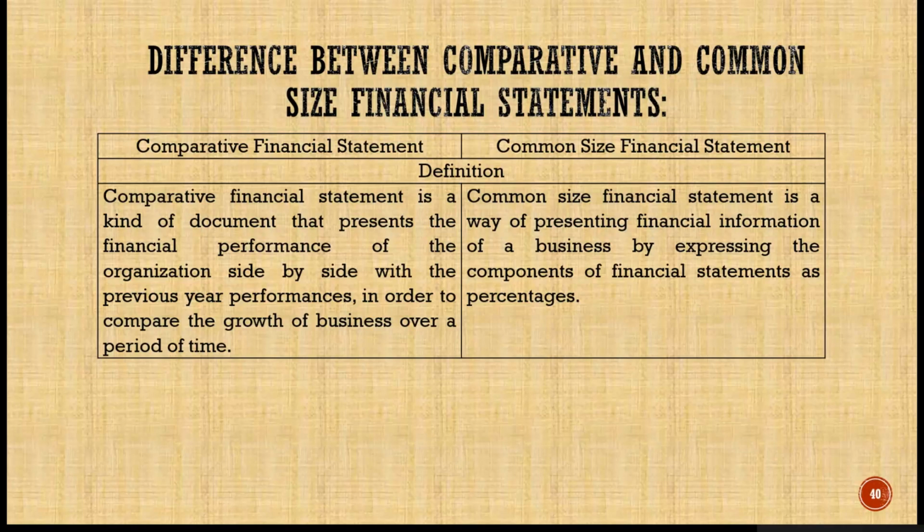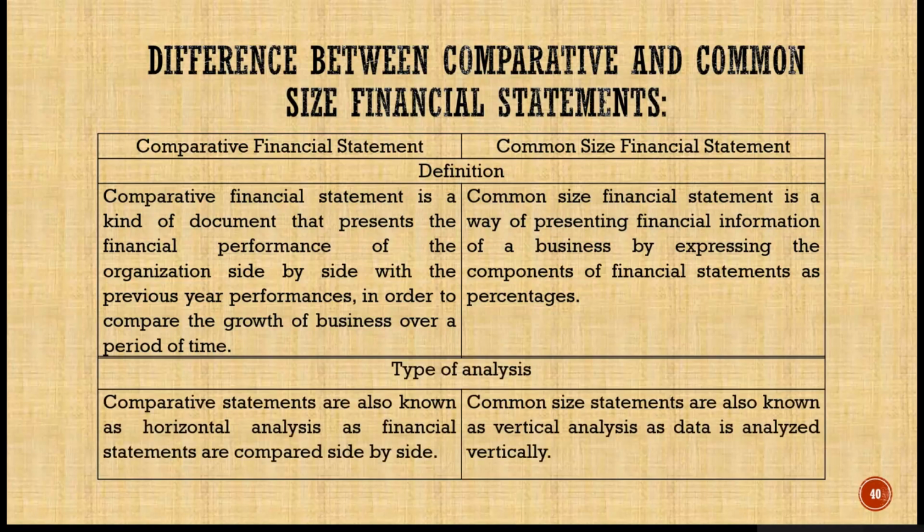In case of common size financial statement, the definition is: it is a way of presenting financial information of a business by expressing the components of financial statements as percentage.